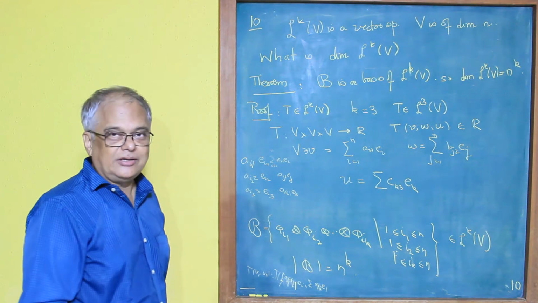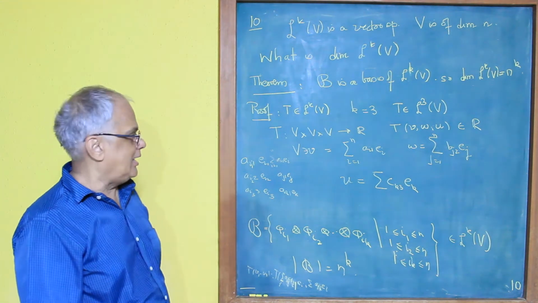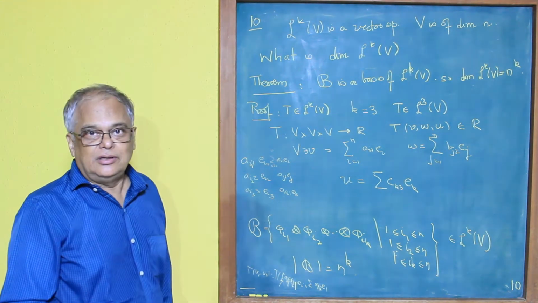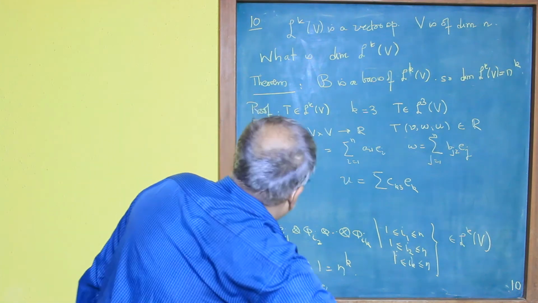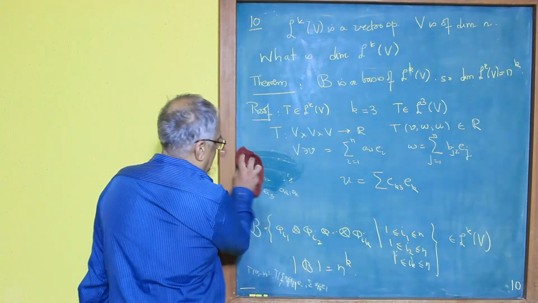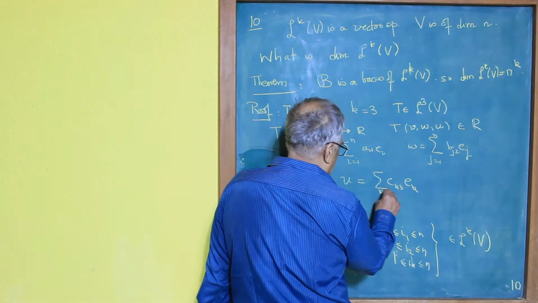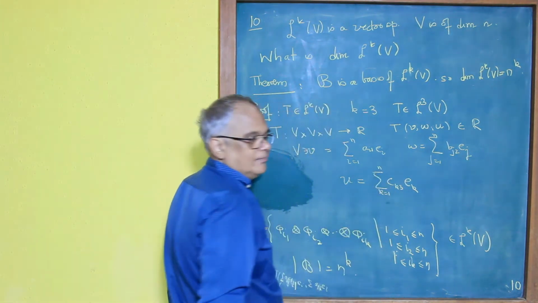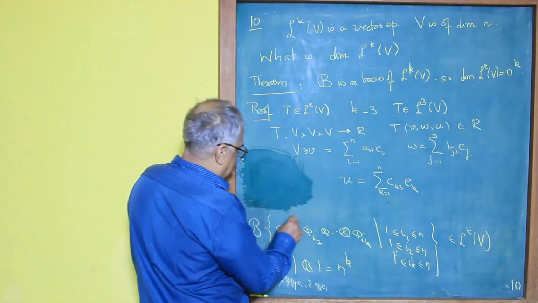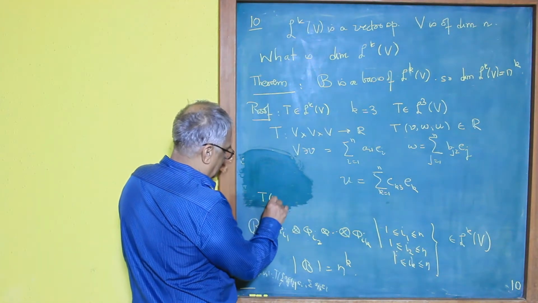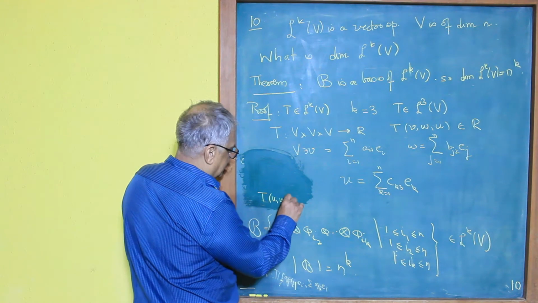The W I'm going to write in terms of the basis e_1 to e_n. And the U I'm going to write in terms of the basis e_1 to e_n. Remember, this is k equal to 1 to n. So, T of (V, W, U).